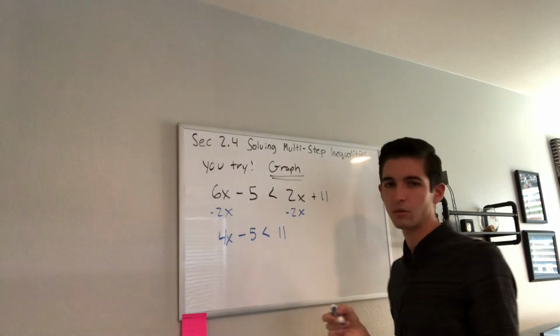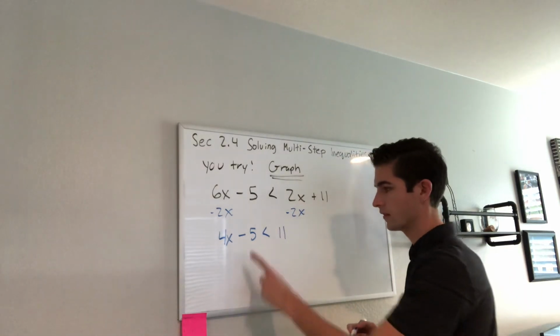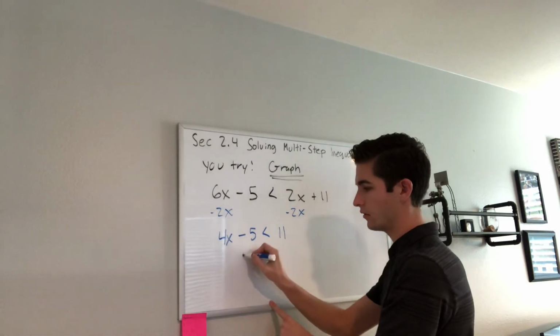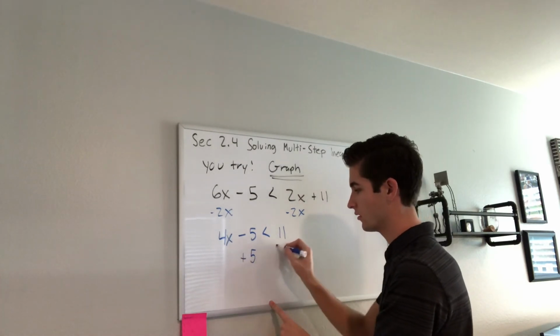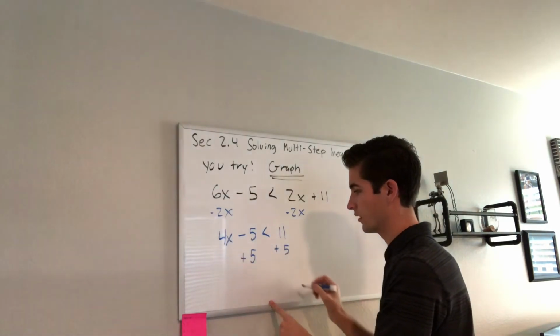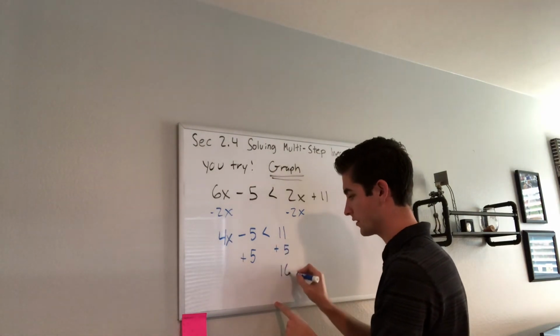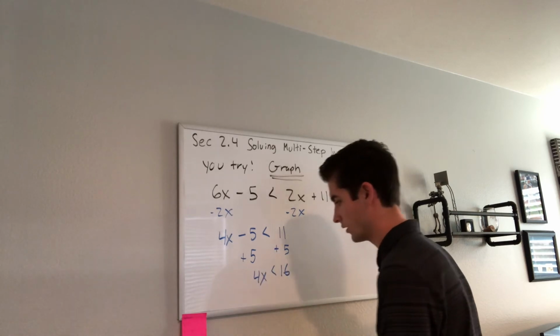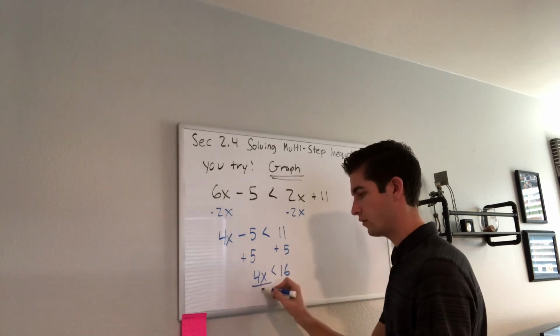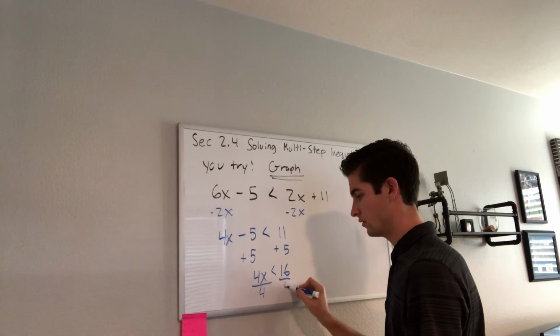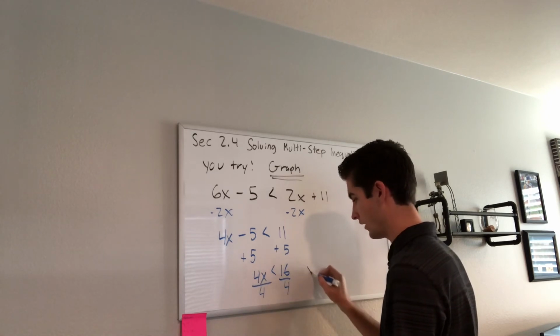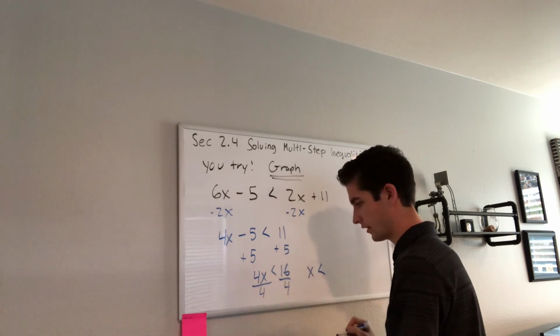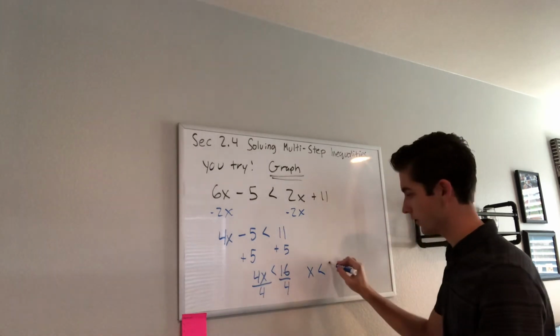Now it looks like what we've been doing, right? The 2-step. We have to add 5 to both sides. 11 plus 5 gives us 16 is less than 4x. Next, divide by 4. And we will have x is less than 16 divided by 4, which gives us 4.